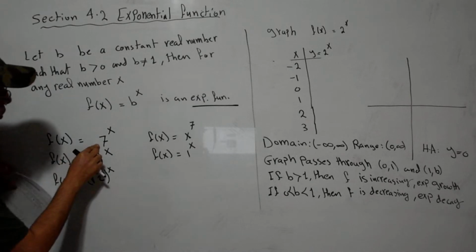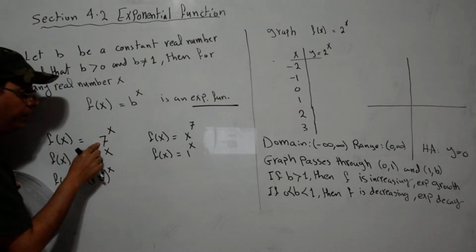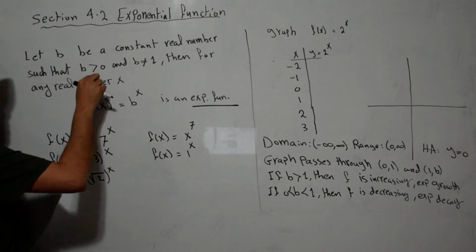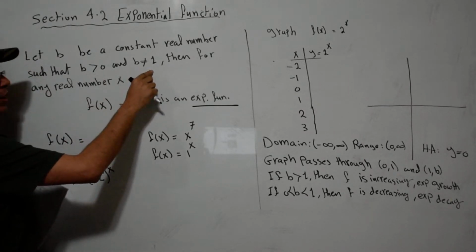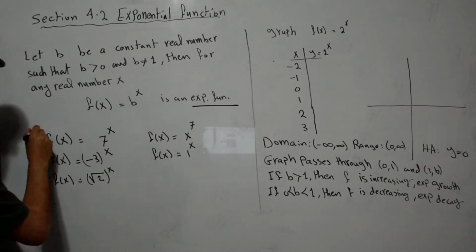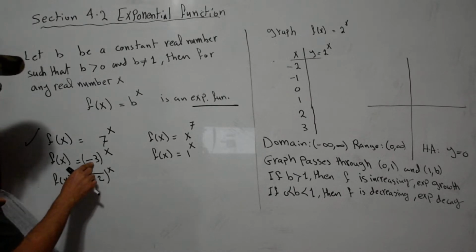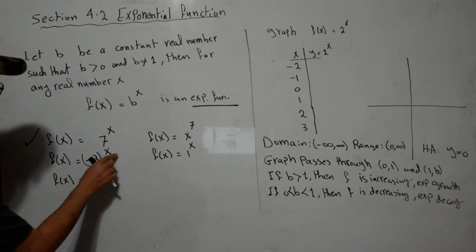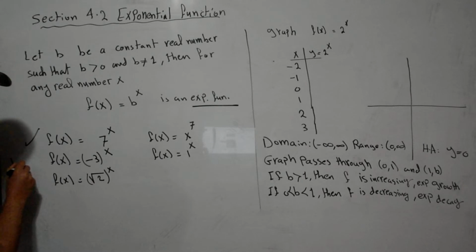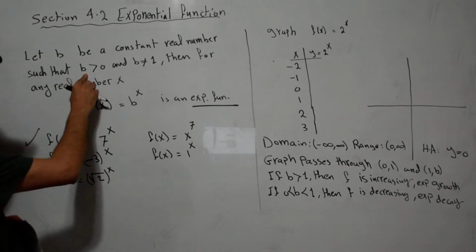f of x equals 7 to the x. Here b is 7, which is greater than 0 and not 1, and x is an exponent, therefore this is an exponential function. Let's check this one: negative 3 to the x, so b is negative 3. Is negative 3 a positive number?